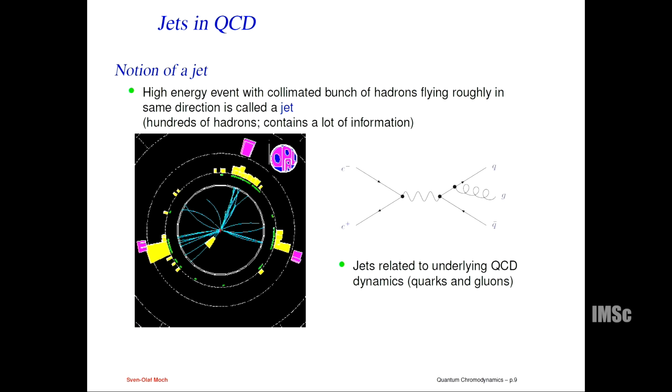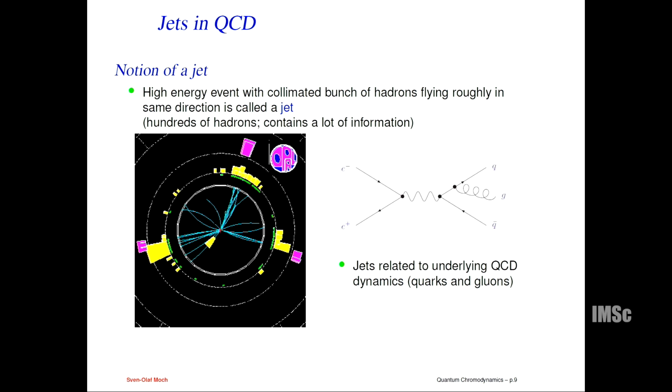Now, staying with this process, I would briefly like to talk about jets in QCD from a theory perspective. We had already a nice introduction to jets, and yesterday we saw modern jet events from the LHC event display.